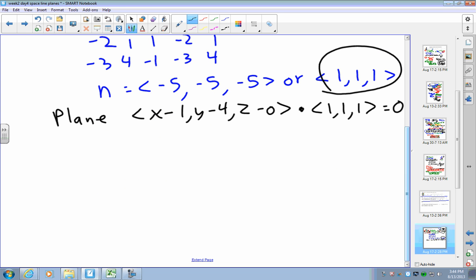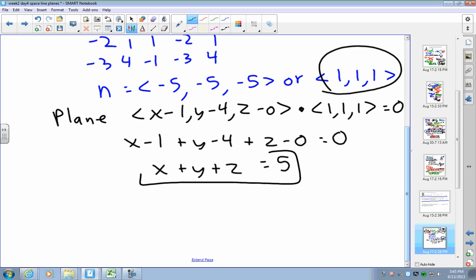Every vector in the plane dotted with the normal vector has to be 0 for orthogonality. And that gives me x minus 1 plus y minus 4 plus z minus 0 equals 0, which is x plus y plus z has to equal 5. There's your plane for the first question.